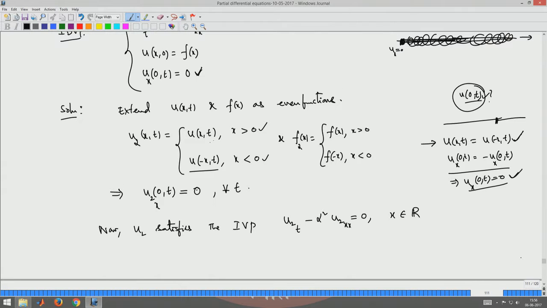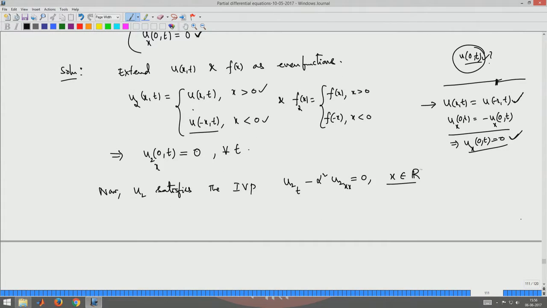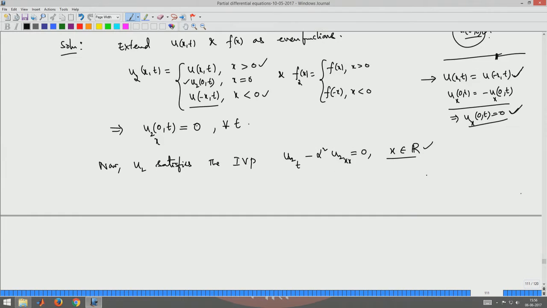You do not know exactly what happens at x equal to 0, but that is just one point, so it is the full real line. You still do not know u2 at (0, t), but that is how you extend. It is just a fixed number, so when you put it in these two derivatives, they are 0 and it is satisfied even at that point. So I included that point, x belongs to R.